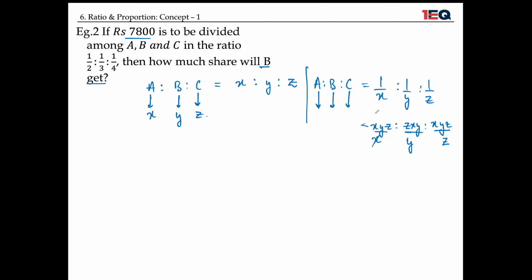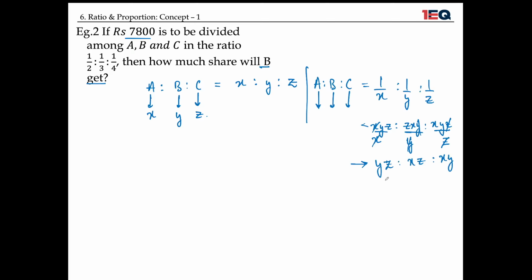Now, do the relevant cancellations. I've cancelled x, I'll be cancelling y, and now I've cancelled z. So the output would come out to be yz is to xz is to xy. Okay. So I have these calculations in front of me.